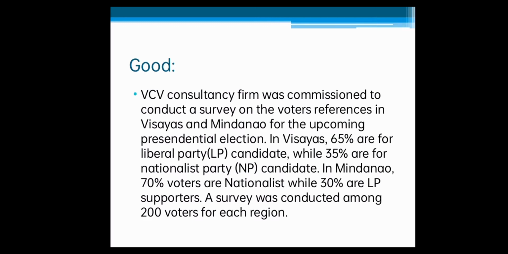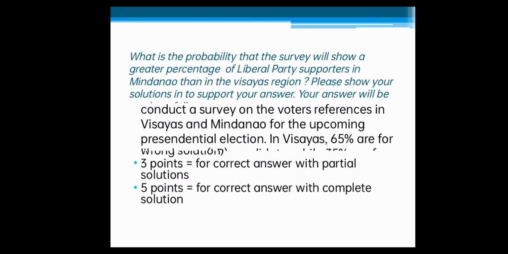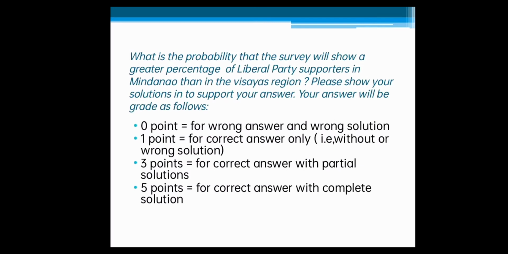In Mindanao, 70% voters are nationalist, while 30% are LP supporters. A survey was conducted among 200 voters for each region. What is the probability that the survey will show a greater percentage of Liberal Party supporters in Mindanao than in Visayas region? Please show your solutions to support your answers.